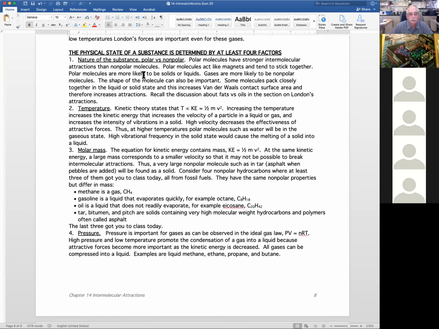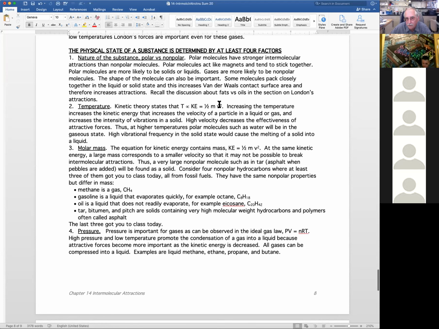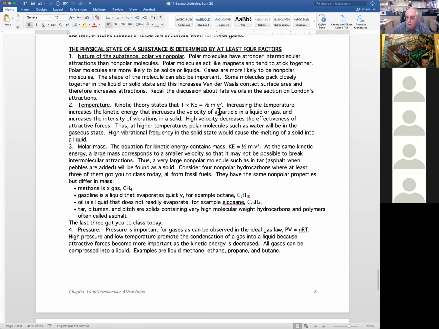And then temperature has to do with it as well because of kinetic theory. So if I increase the temperature, I'm increasing the kinetic energy. 1/2 is just a constant. Mass is a constant. But what's going on is the velocity. I increase the velocity, which means at some point they're going so fast that they can break away from attractive forces.